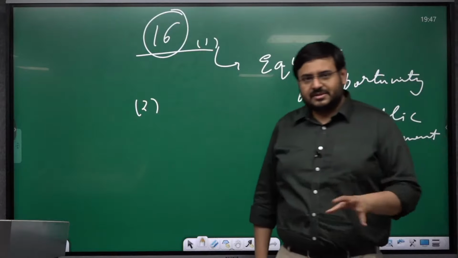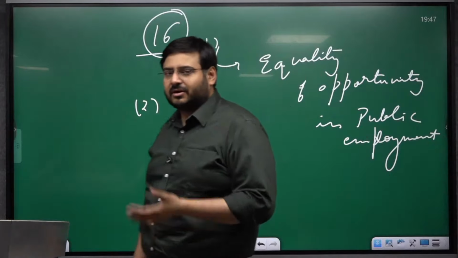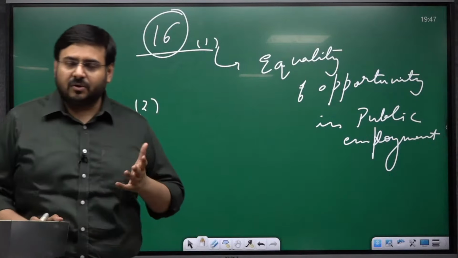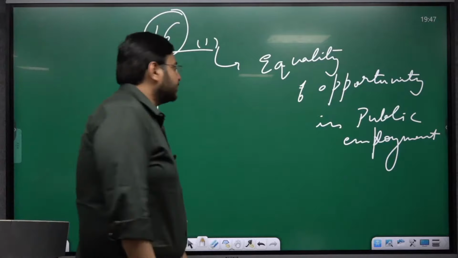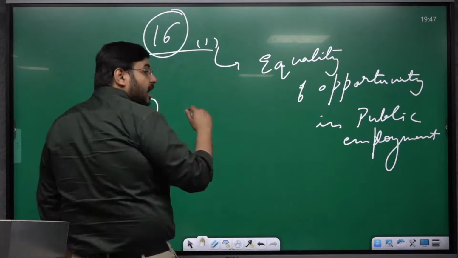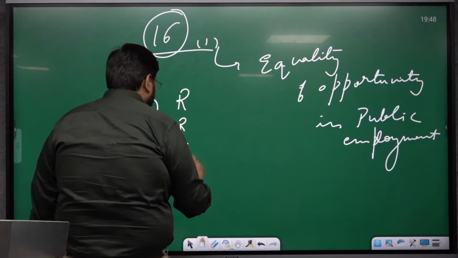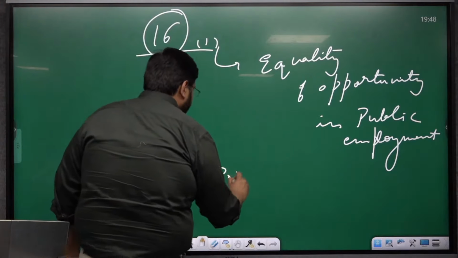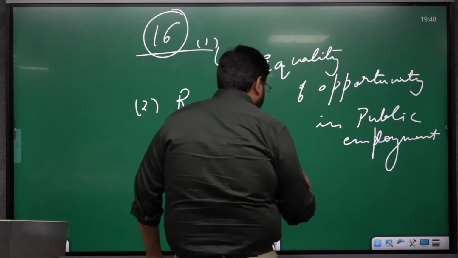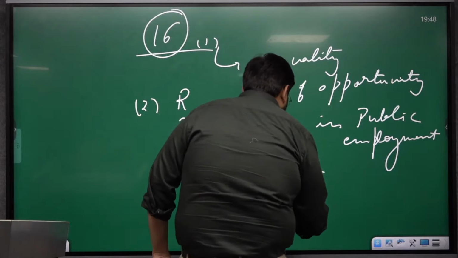So if the question comes, are the same reasonable restrictions there? No, 16 has more restrictions. So the state cannot discriminate against the citizens on the ground only of religion, race, caste, sex, place of birth, descent and residence.